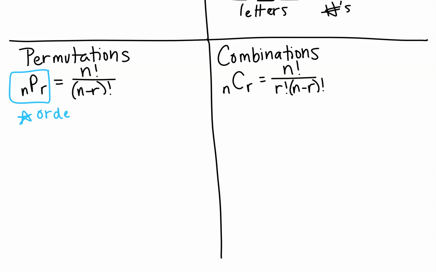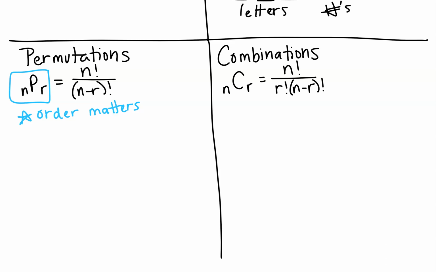So permutations, that's where the order matters. We say order matters, but we're also looking at, is each thing different? Is being president different than being vice president?